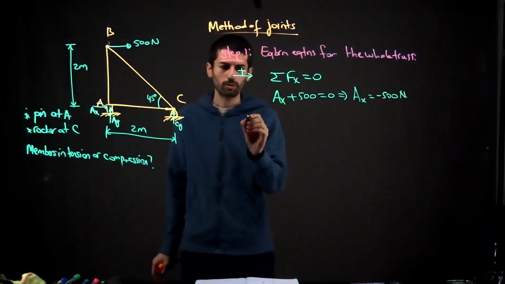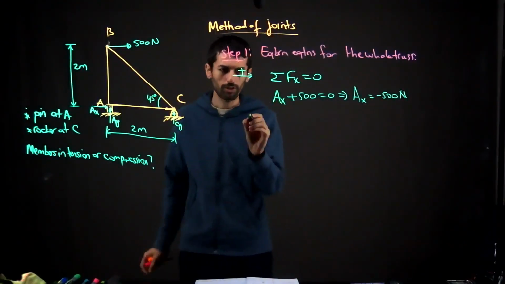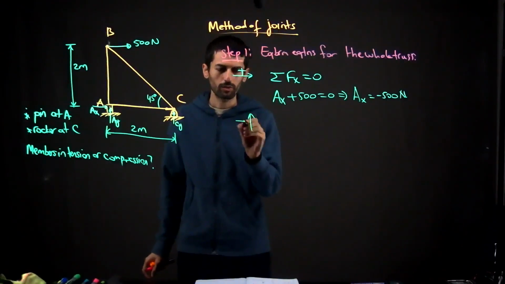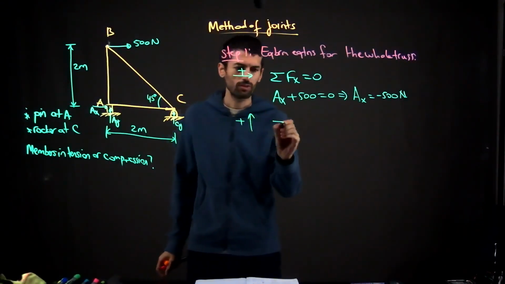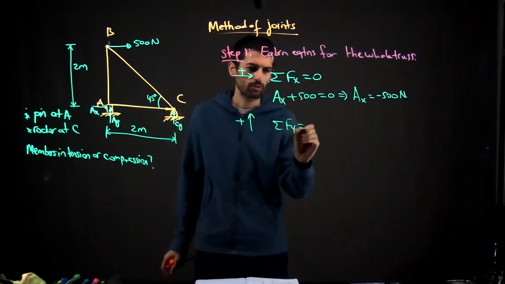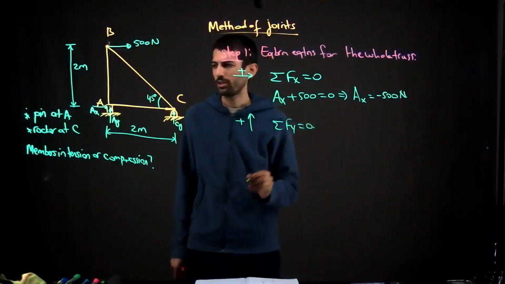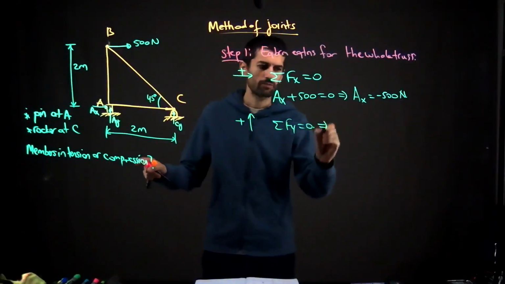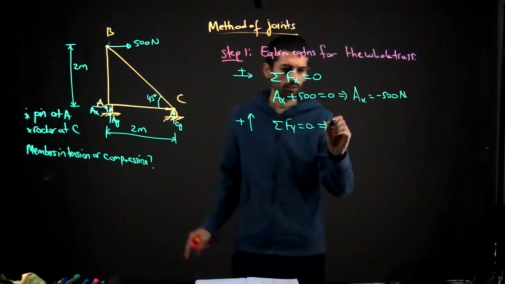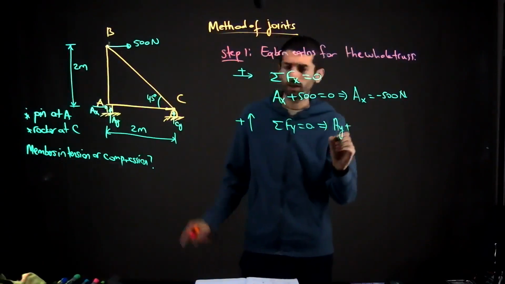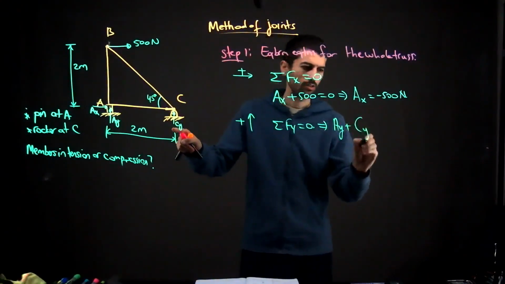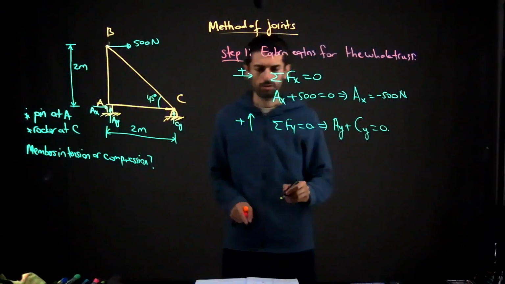And similarly, we will write the forces in Y direction, and we will take up as positive, so forces in Y direction is equal to 0, so we have the AY, and we have the CY, which is equal to 0.